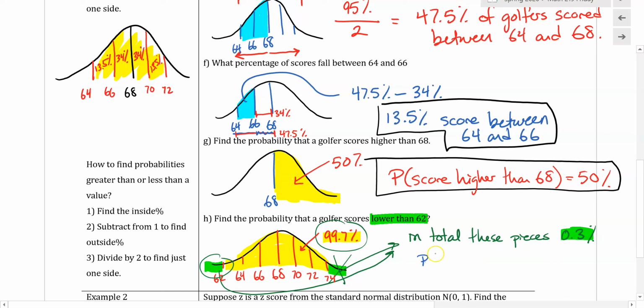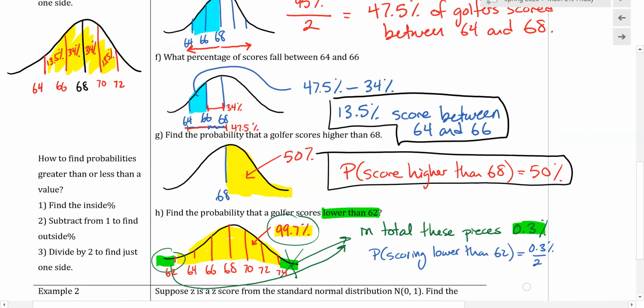So the probability of scoring lower than 62 would be half of 0.3%, which in this case I believe that's 0.15%. Very low probability that you're going to score under 62.